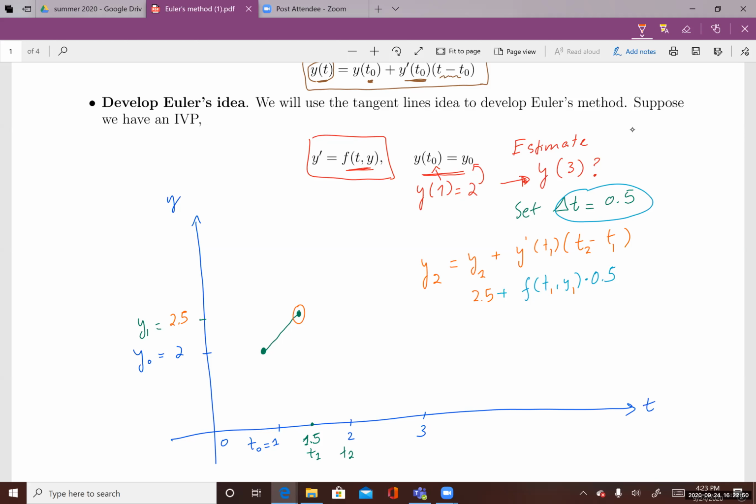Okay. So then again, I just go to the next step. And then I'm using the same formula, the same process to go to the step after it right here. And then the last step is going to be the point here. So by repeating this process over and over again using the right previous point, I can estimate the value of y when t equals to 3.